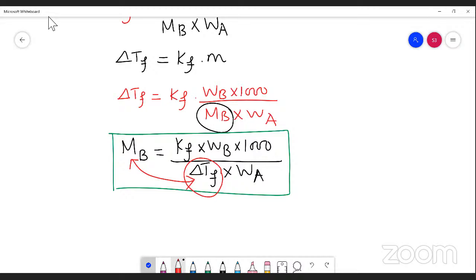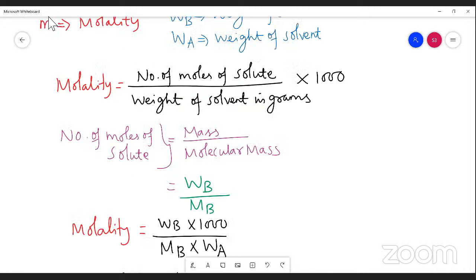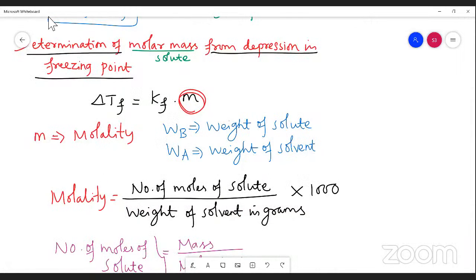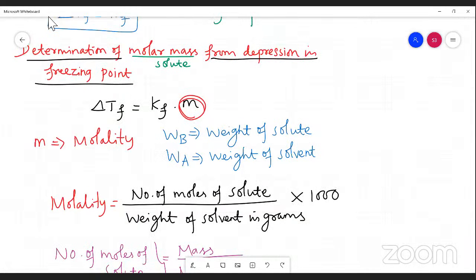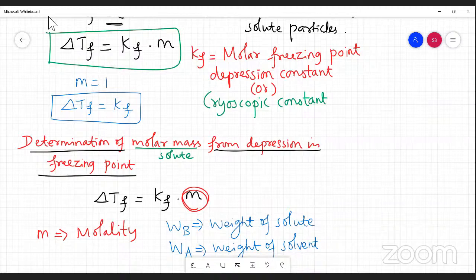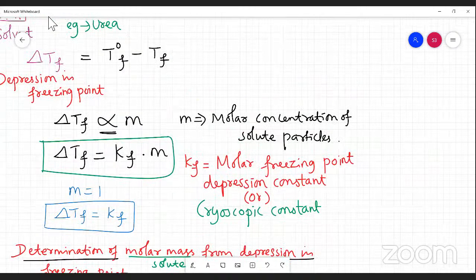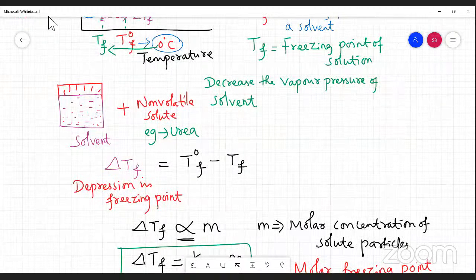Students, in this class we are discussing depression in freezing point. Don't get confused. Depression in freezing point is nothing but the freezing point value going to decrease. For that, I am taking water. What is freezing point?